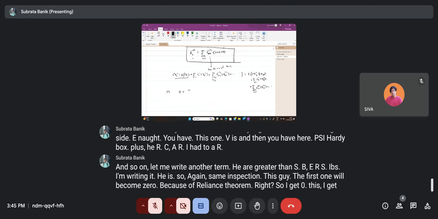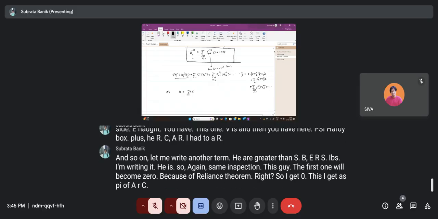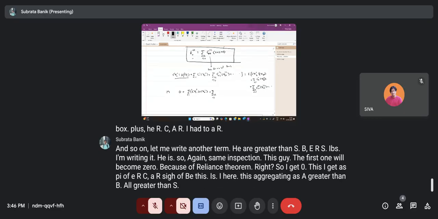This I get as the sum of psi A R, C_A^R, psi B S with psi A R. This I'll be getting as the sum over A greater than B, R greater than S, psi B S with psi A B R S.